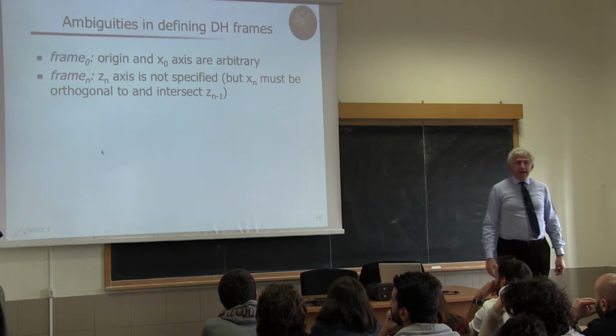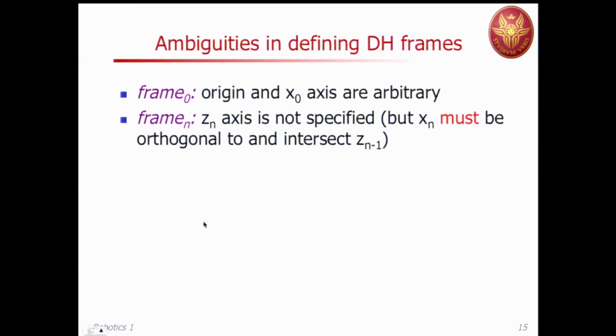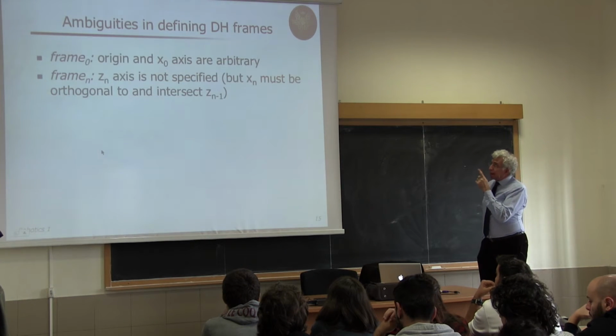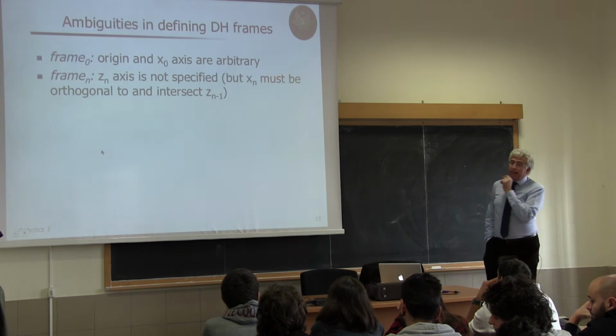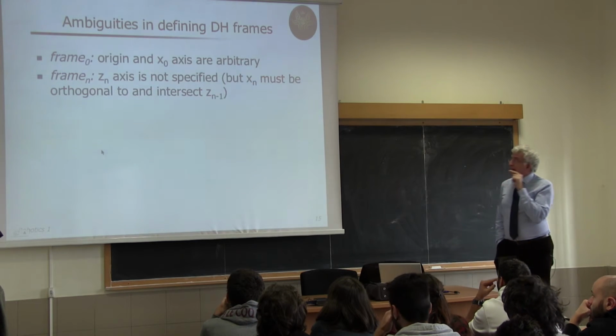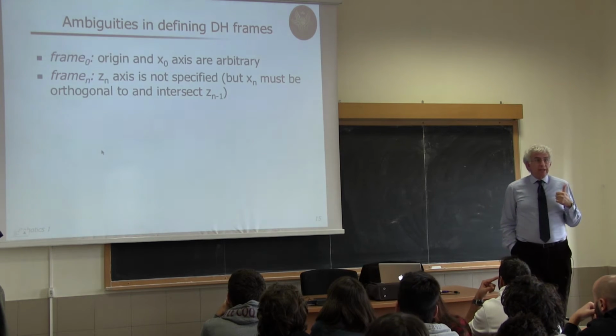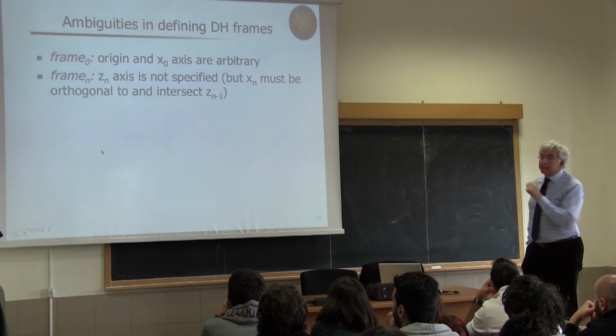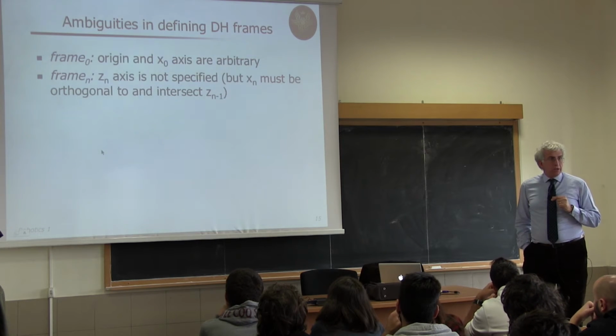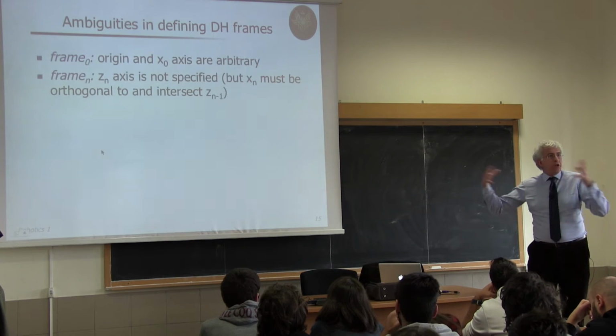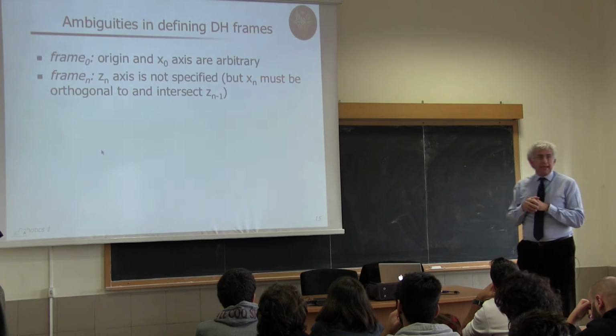Similarly, for frame n, what is not defined is Zn, because Zn should be on joint n plus 1, which is not there. So we can arbitrarily define this Zn, but we need to define xn of this frame so that it intersects and is orthogonal to the last joint axis defined, so to the joint axis n, where Zn minus 1 is placed, so that we mimic the presence of a common normal, and there we put xn.